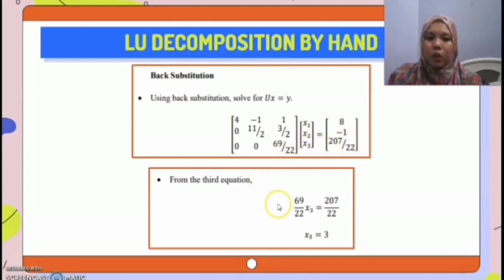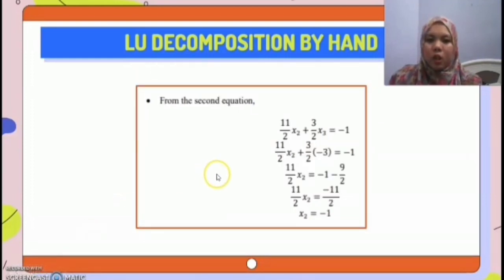From the third equation, we can simply get the value of x3: 69 over 22 multiplied with x3 equal to 207 over 22. So we get x3 equal to 3.